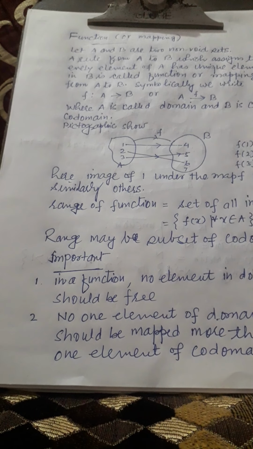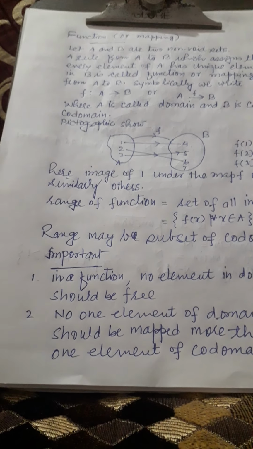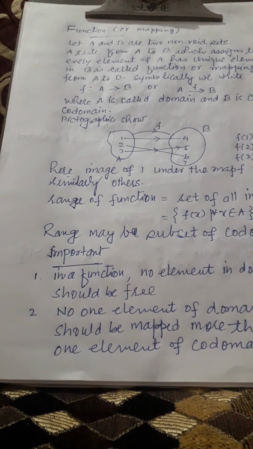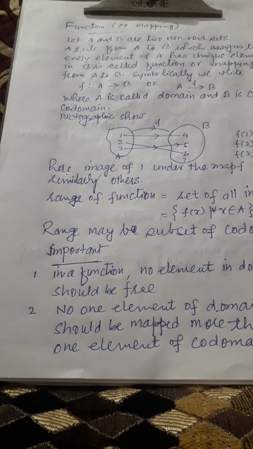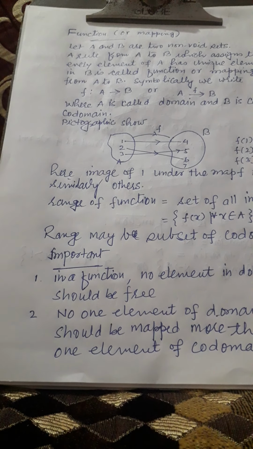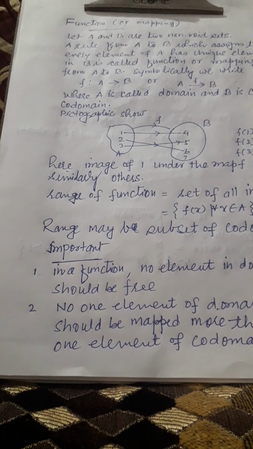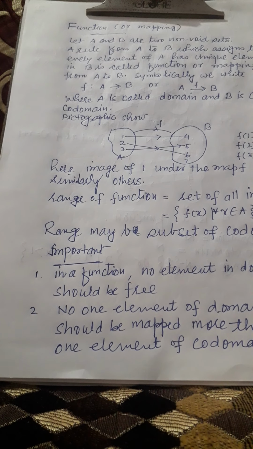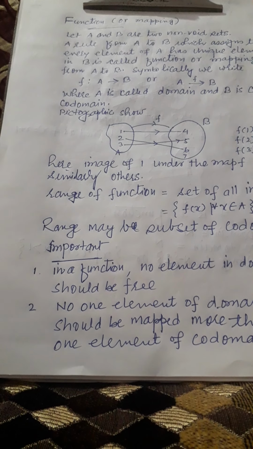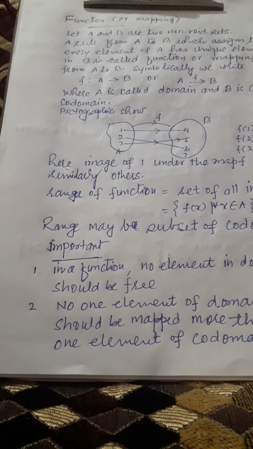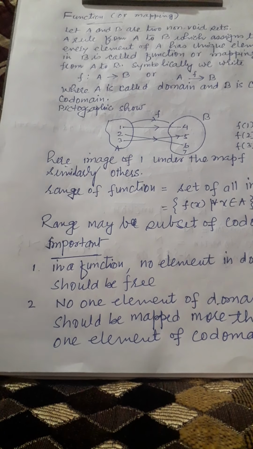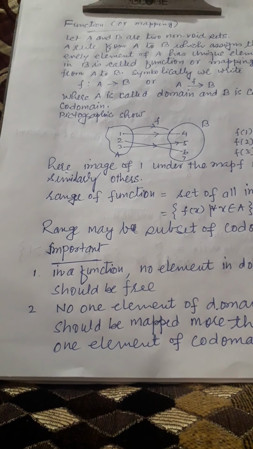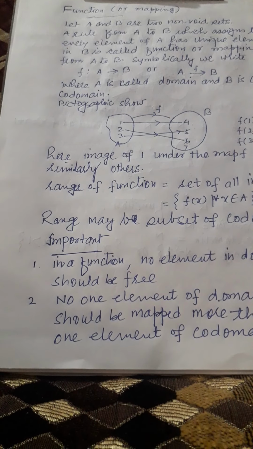Then we define a rule from the set A to another set B, which assigns that every element of the set A has a unique element in the set B. This is called a function from the set A to another set B. Function is also known as a mapping from the set A to another set B.